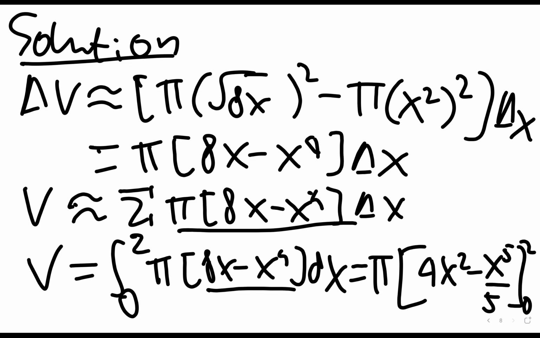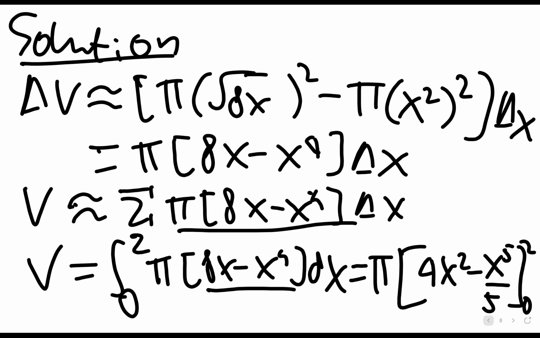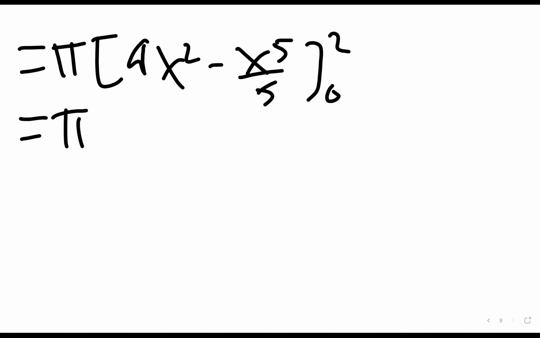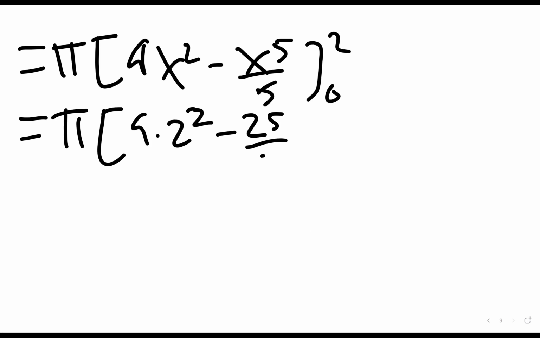If you calculate this, then you have pi, 4x squared minus x to the power 5 over 5, from 0 and 2: pi times 4 times 2 squared minus 2 to the power 5 over 5 minus 0.